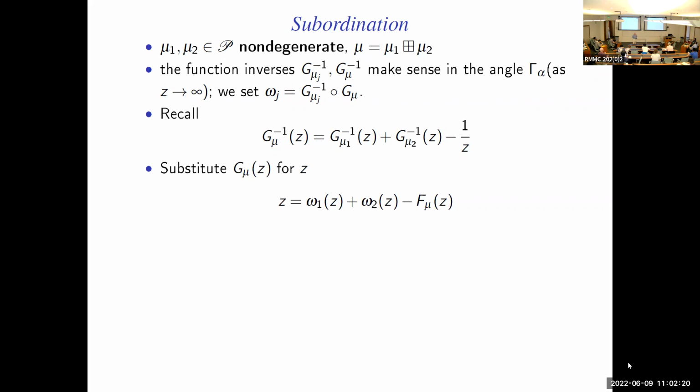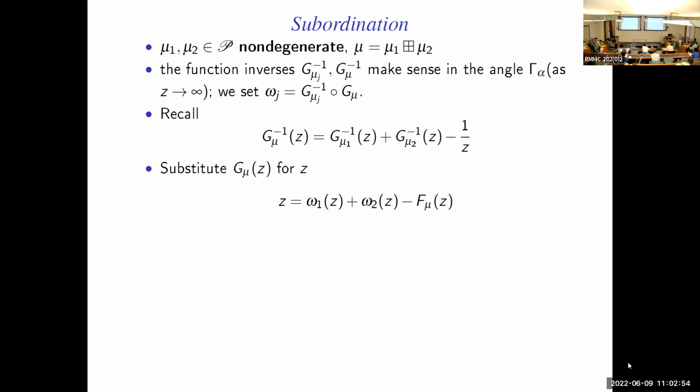You get a somewhat different equation: z on the left-hand side, and on the right-hand side omega 1 of z plus omega 2 of z minus 1 over G mu of z, which is our friend the reciprocal Cauchy transform, minus F mu of z. But of course, this happens somewhere far away.